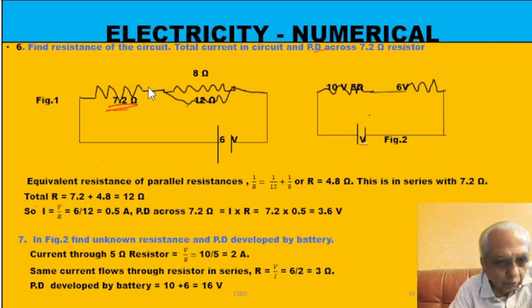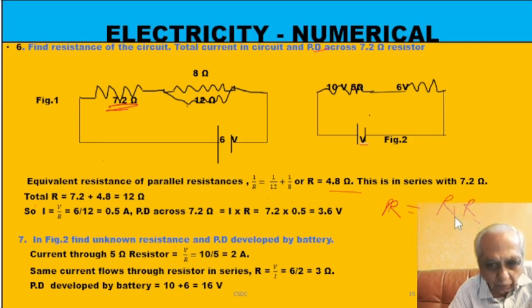So first, how to find equivalent? First I will always find the equivalent of these two parallel. So I will get 1 upon R equal to 1 upon 12 plus 1 upon 8. If you simplify this, you will get 4.8, or you could also have calculated R is equal to R1 R2 upon R1 plus R2.